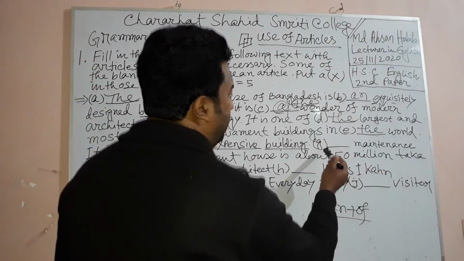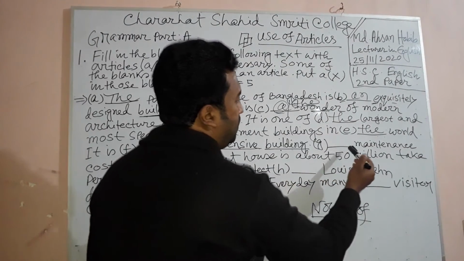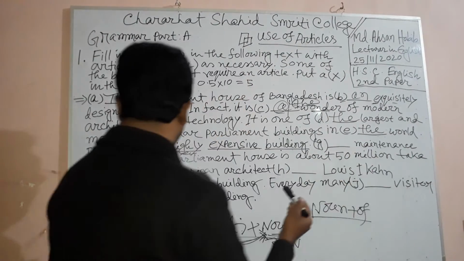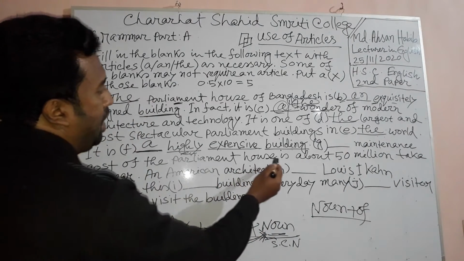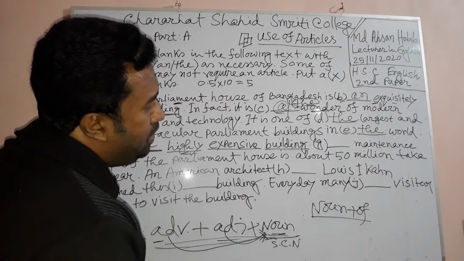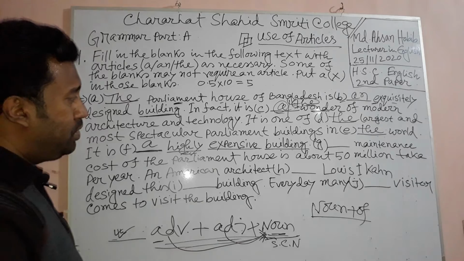Next, blank G: dash maintenance cost of the Parliament House is about 50 million taka per year.